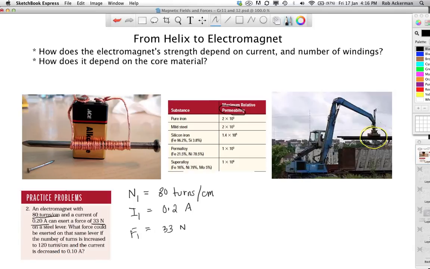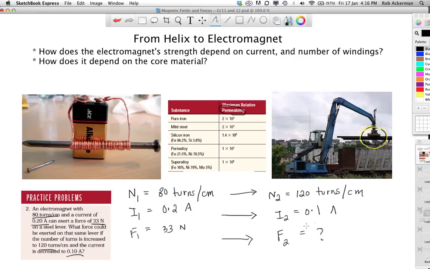Now they tell you to calculate the force if the number of turns was increased, so we're going to go to N2 equal 120 turns per centimeter. However, the current is going to be only half of what it was, and so they ask you what will become of the force.